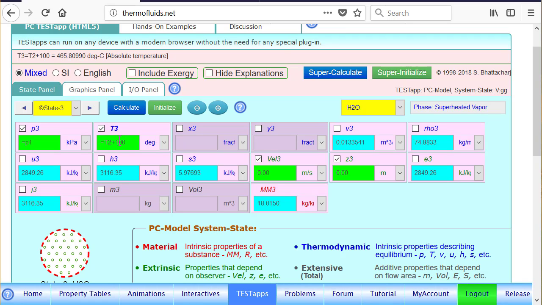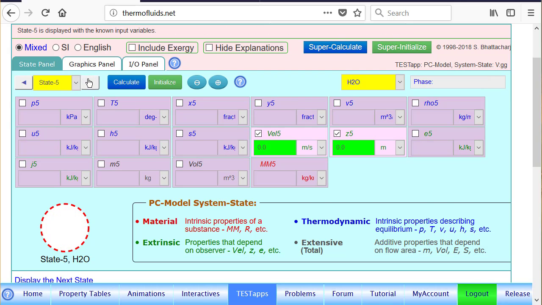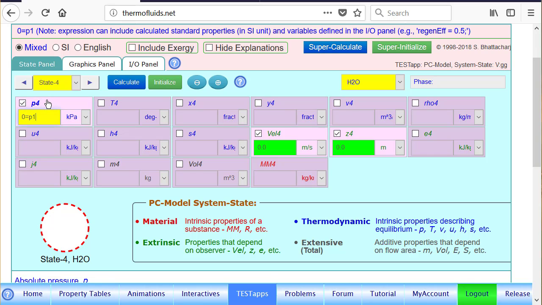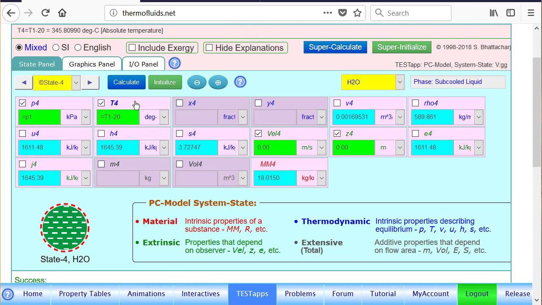Notice all these arithmetics are done in SI units, so really I'm adding 100 Kelvin, and adding 100 Kelvin and 100 Celsius are the same. The difference in temperature in Celsius and Kelvin are exactly identical. Finally, state 4, pressure equals P1, and it's a subcooled liquid, T1 minus 20 degrees Celsius, I believe, was given to us.